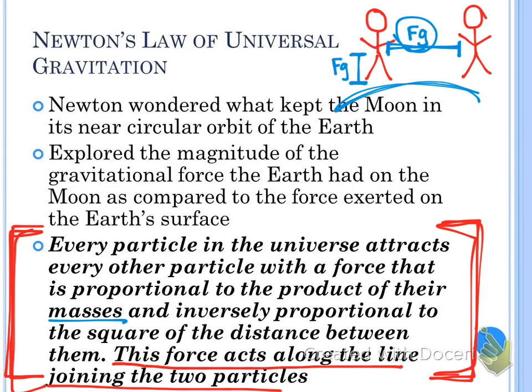However, there is a gravitational force between them. When it says this force acts along the line joining the two particles, that means that for some reason, if these two particles would begin attracting and sliding towards each other, they wouldn't slide in a zigzag path. They wouldn't have a gravitational force that goes down to the earth and then back up. The gravitational force between them acts in the shortest possible distance between those two objects.